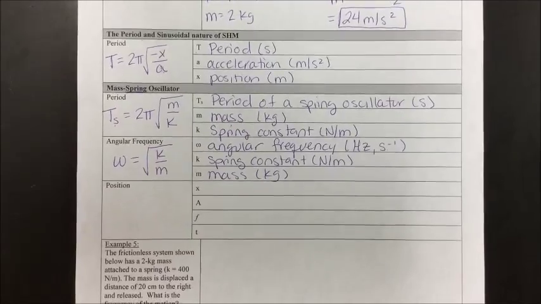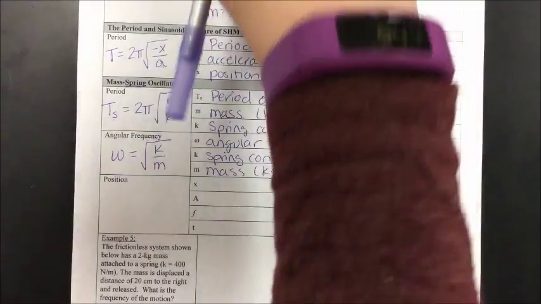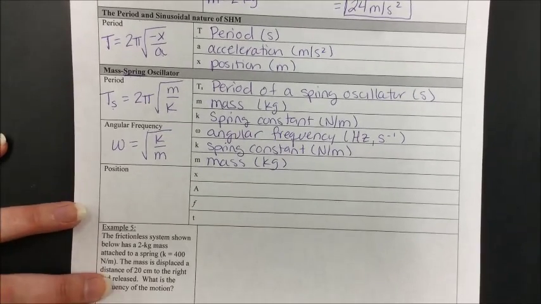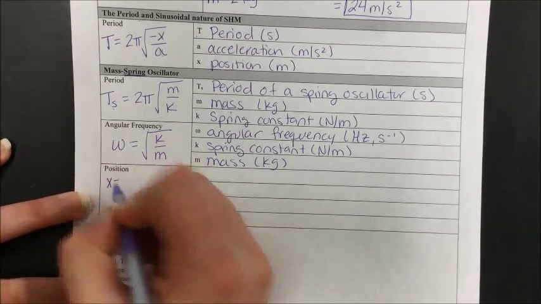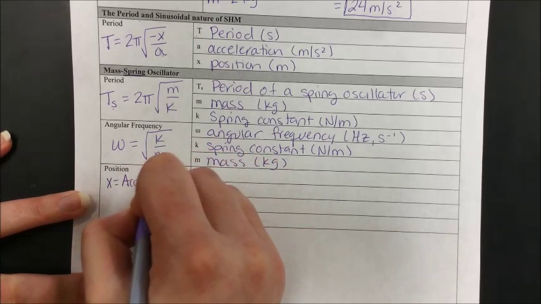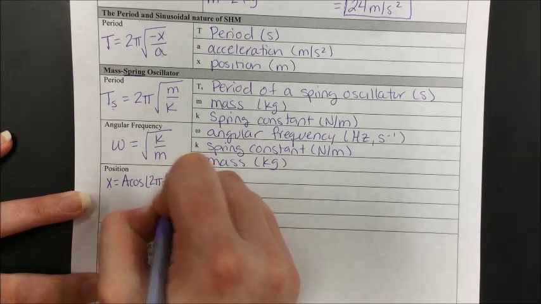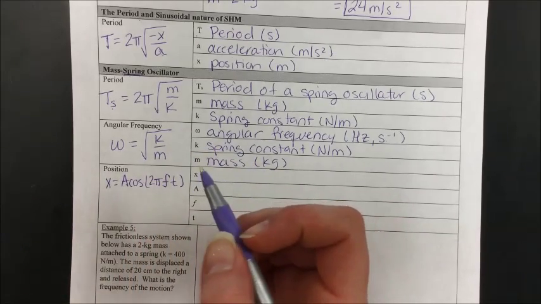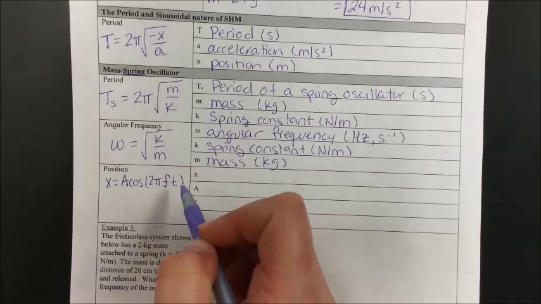Now, to find the position at any point or at any time during an oscillation, we're going to use this formula. And I don't necessarily want you to be so concerned with this formula. It's just a specific way that we can find position.